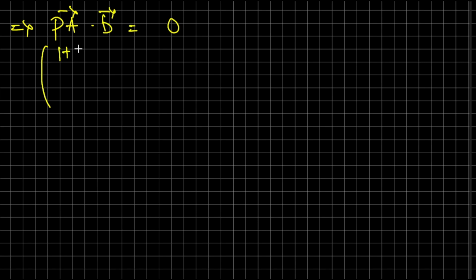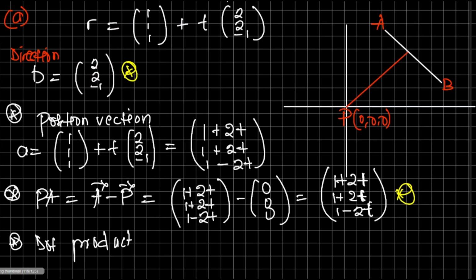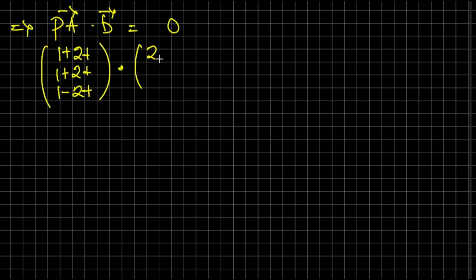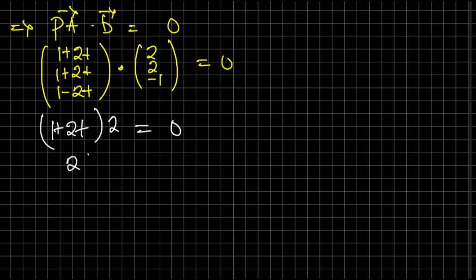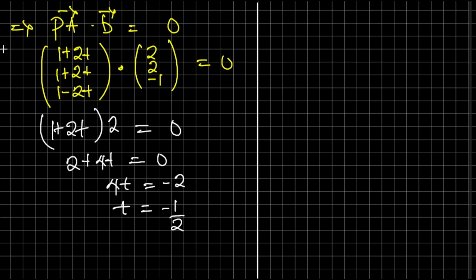That will be (1 plus 2t, 1 plus 2t, 1 minus t) dot (2, 2, -1) equal to 0. Then we have 2 plus 4t plus 2 plus 4t, and so on, until t equals minus 1 over 2.